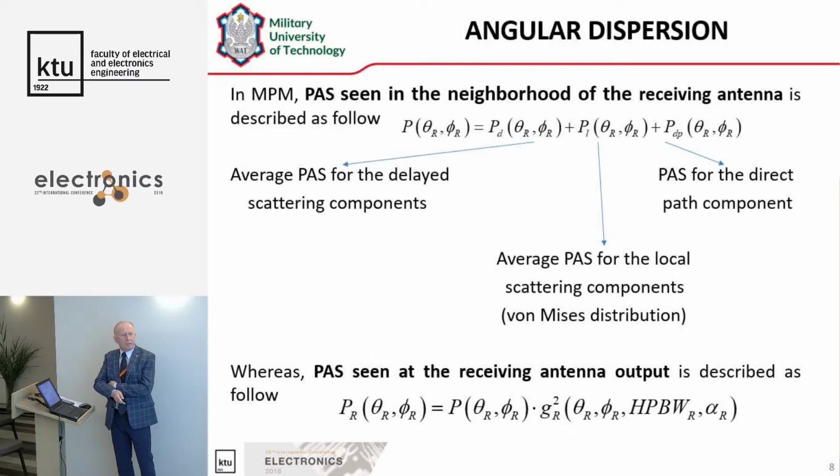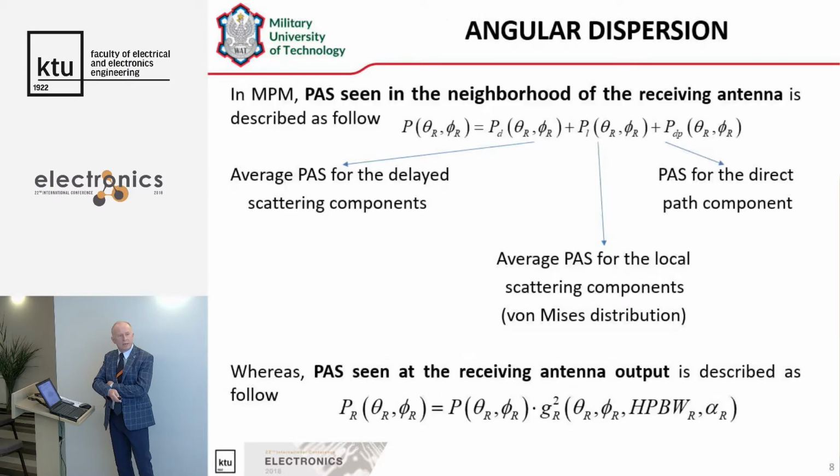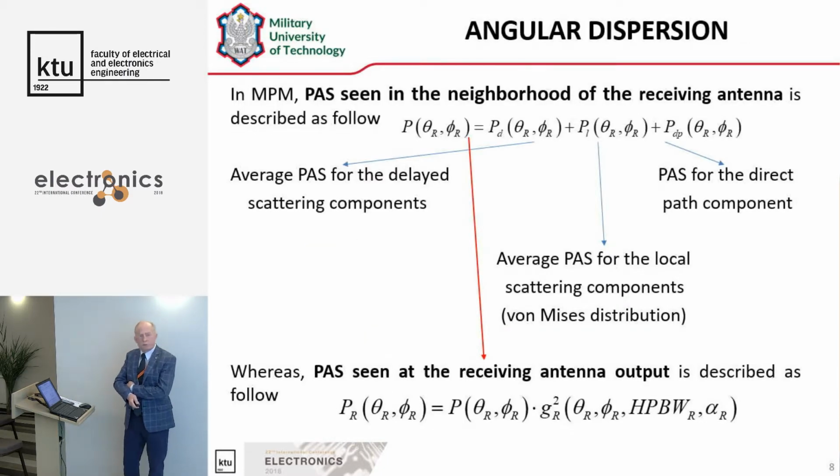Power angular spread seen at the receiving antenna output is described by this formula. Here is the receiving antenna, and at its output the power angular spread can be calculated using this formula, as a function of azimuth and elevation.